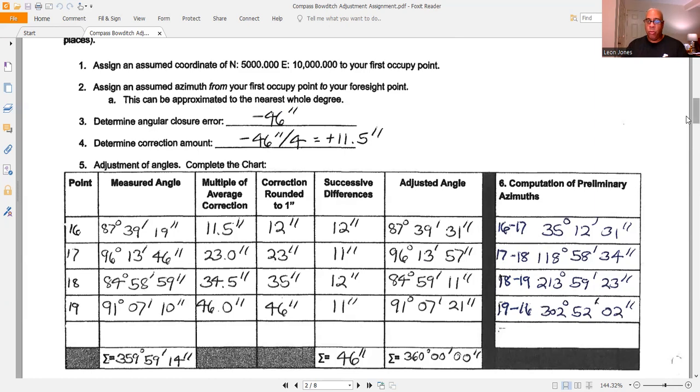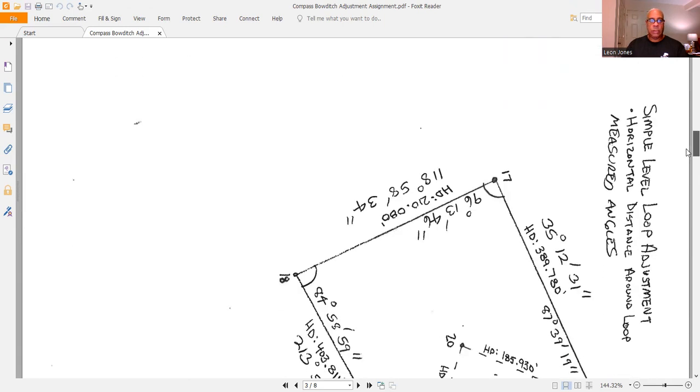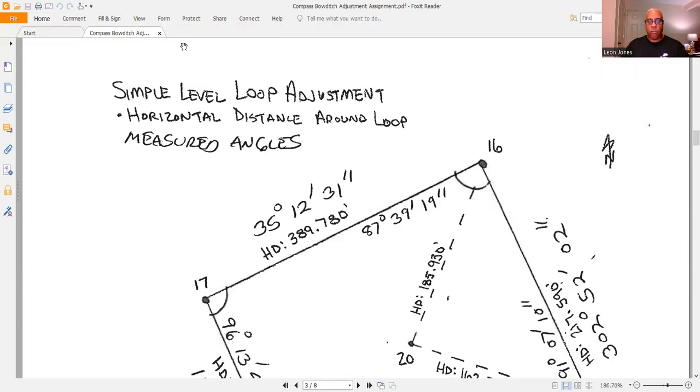Now, also, when you do these computations, you should have a drawing. You need to see where your information is going. Now, after I did all my calculations, here's what I came up with. Again, have a drawing. I want to rotate my drawing. Here's my drawing.